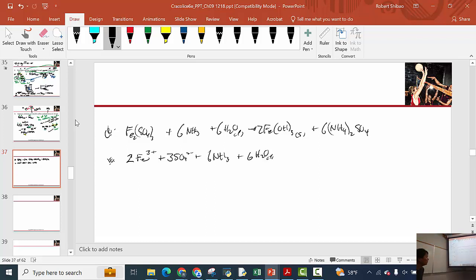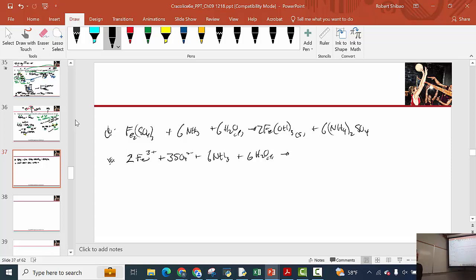Don't do anything. Iron 3 hydroxide, strong acid? No. Strong base? No. Soluble salt? A salt is an ionic compound that's not an acid. So any ionic compound is a salt, basically. Unless it's an acid.